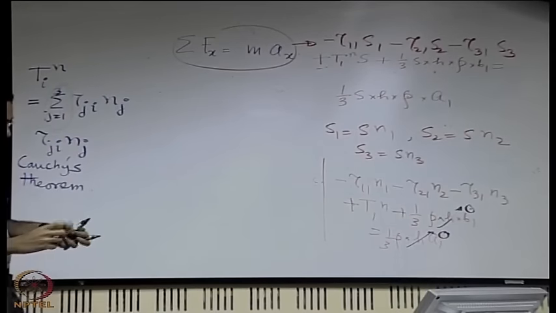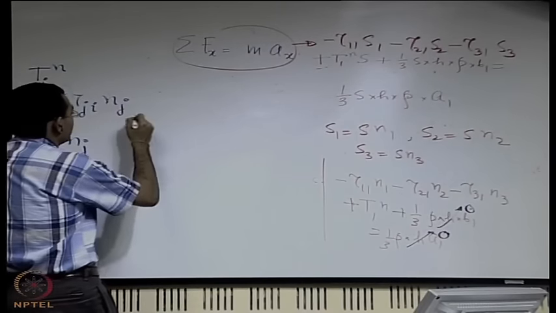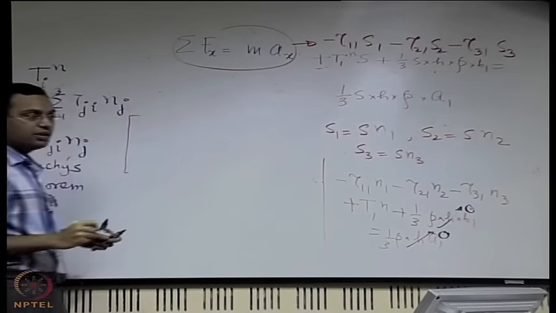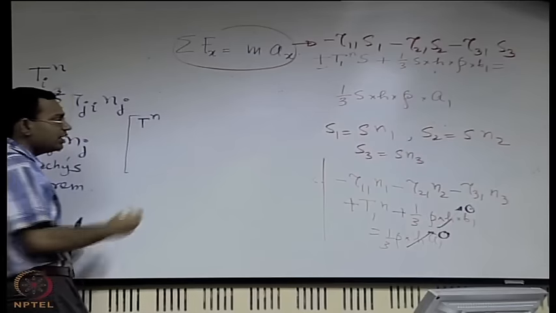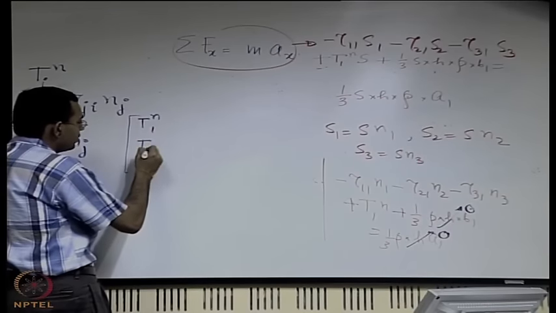So, what you can do, you are having components of the traction vector on a given plane, say with orientation n, 3 components you have.